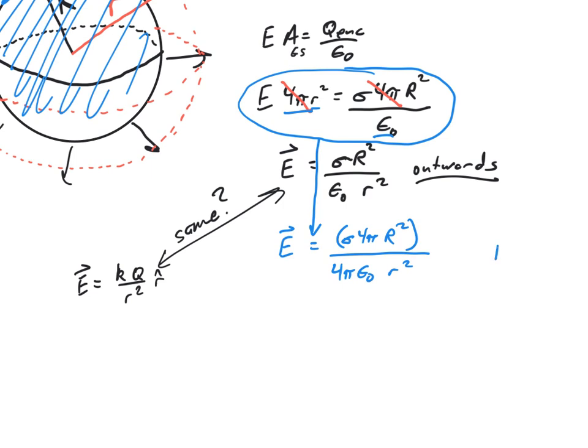Remember that k is equal to 1 over 4 pi epsilon naught. Forgot my r hat, sorry about that. So we get the electric field is equal to 1 over 4 pi epsilon naught, that's k, times the whole parenthetical there, which is the charge enclosed. We're just left with r squared in the denominator, r direction.